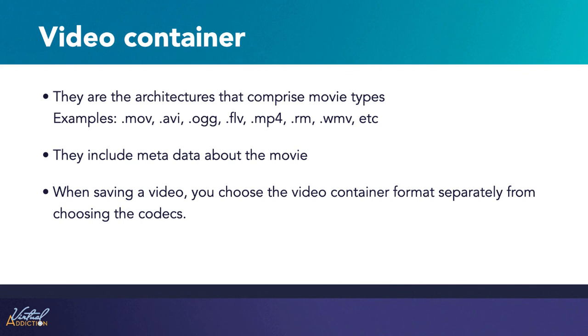When saving a video, you choose the video container format separately from choosing the codec, and some video containers will only work with certain codecs. When we begin learning about video, you'll see how we can utilize codecs and video containers in practice. But for now, I just want you to be familiar with these terms so that as we talk about these things, you'll have a little bit of understanding about what it all means.